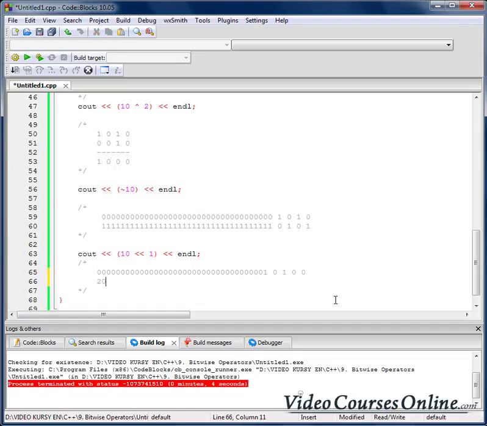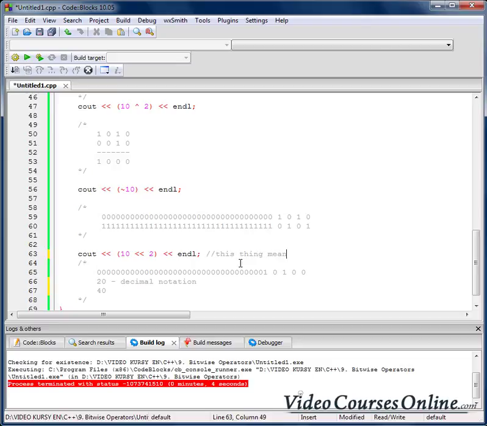So the result will be 20 in decimal notation. And if I did something like that, I would have the bits shifted to the left one more time, and we would have 40 here, because we would multiply it by 2 again. So this thing means that we are multiplying by 2 raised to the power of that number here.